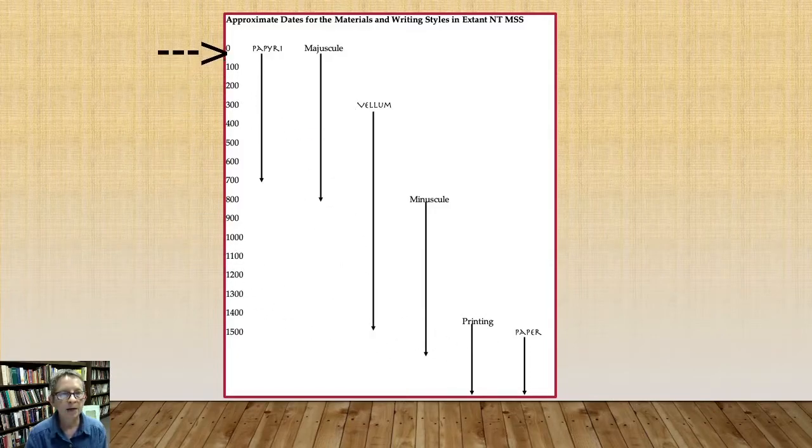So the papyrus was the earliest material that was used. And now notice that there's the same font again used for Majuscule, Minuscule, and printing with the printing press. So we're going to start with the papyri.